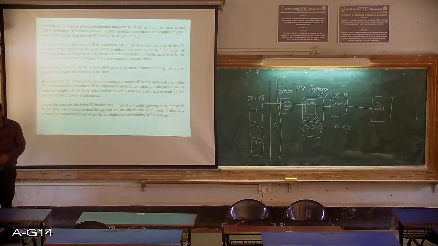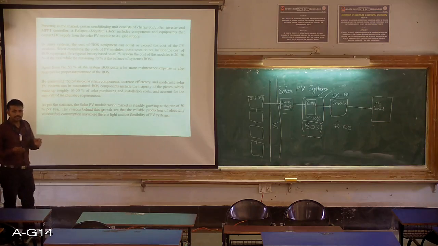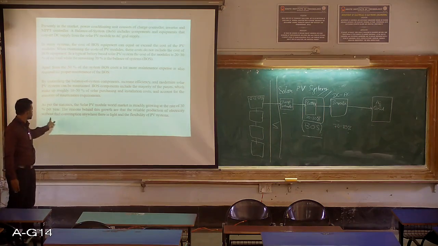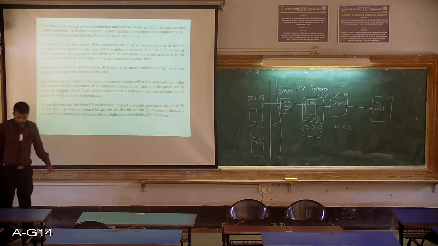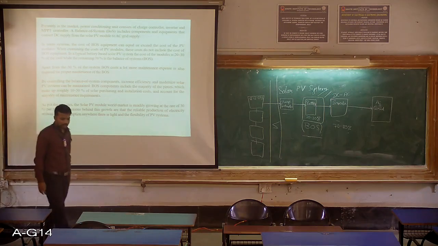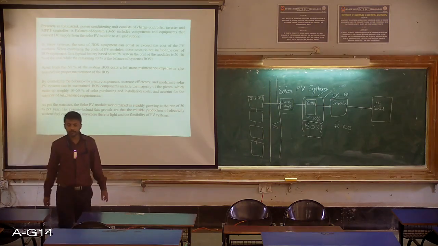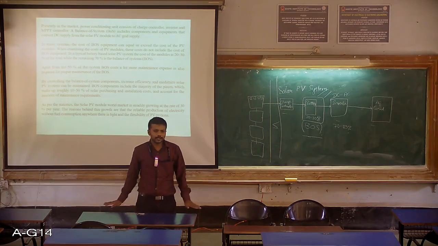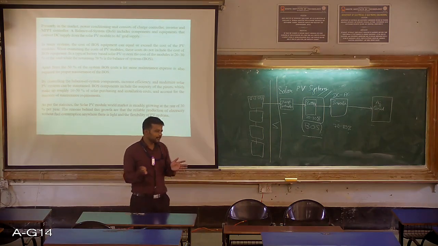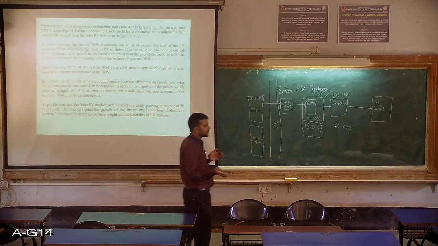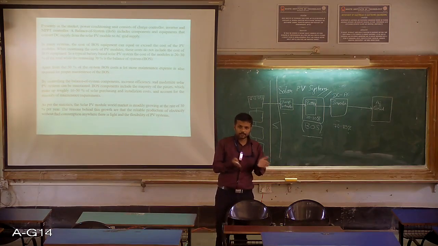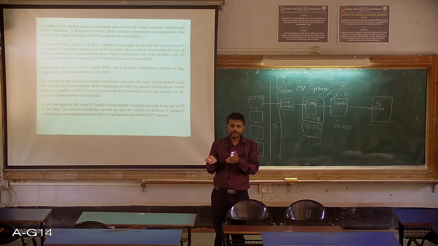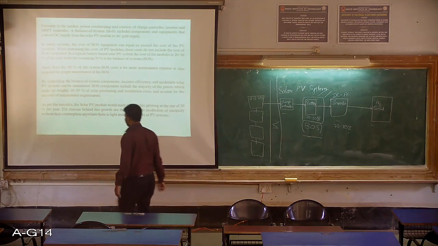And one more main thing is that by using solar we can reduce fuel consumption, that is, we can reduce petroleum products, as it is renewable. The whole world is going towards solar and wind. The only thing is we should improve the performance, the efficiency, and the reliability, everything, so that we can get more benefit from it.